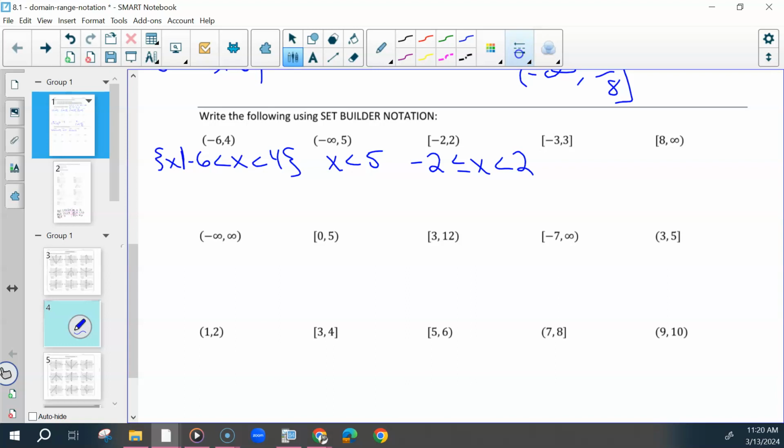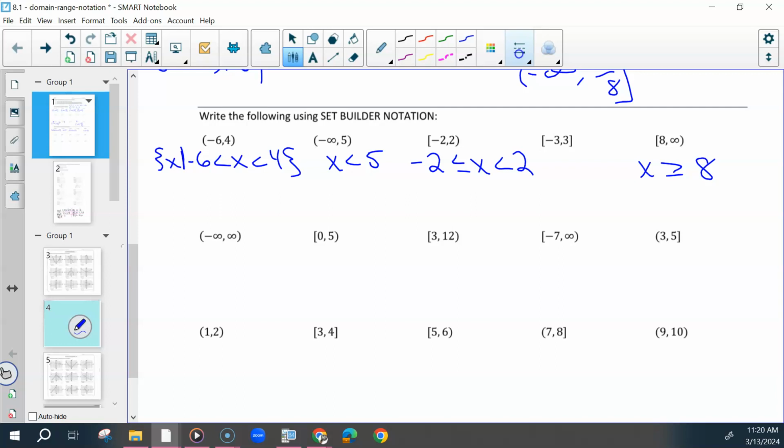Greater than. And then because of the bracket, would that be strictly greater than or greater than or equal to? Equal to. So that would be x is greater than or equal to 8. Questions on that?